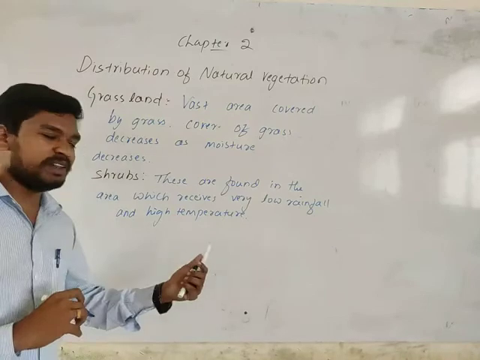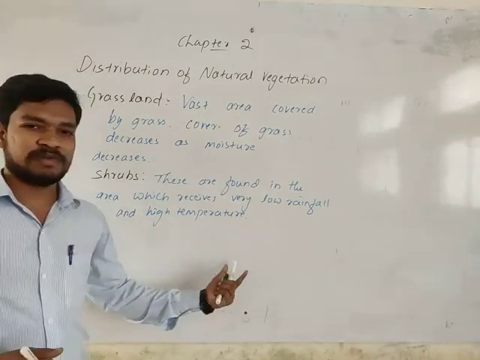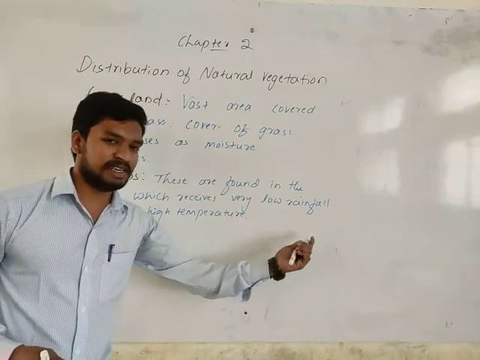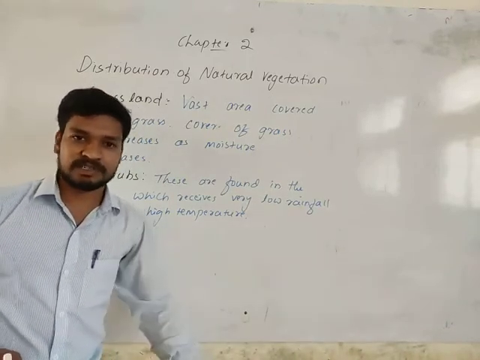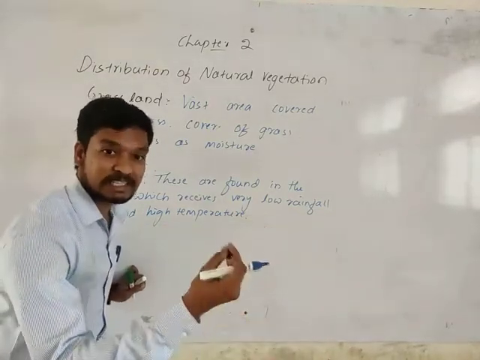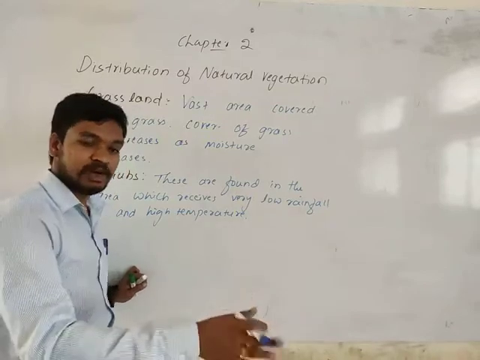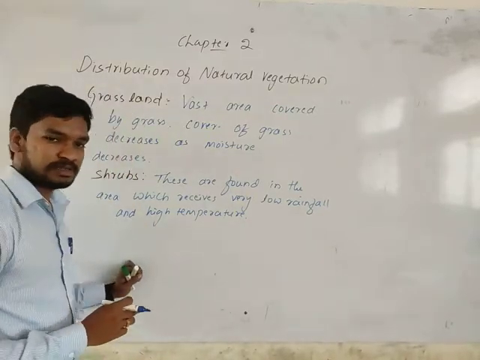The humus will be low in this soil. Humus content will be low because there is little rainfall; the water availability and moisture will be less, so automatically the humus will decrease. So only soil which has less humus and less fertility supports the growth of these shrubs, scrubs and bushes.